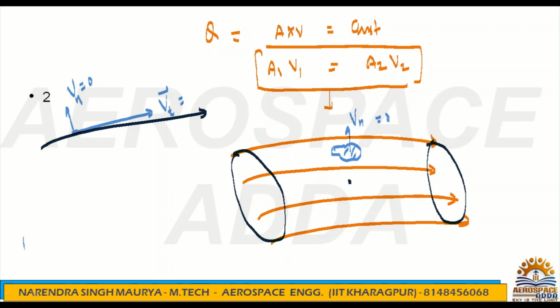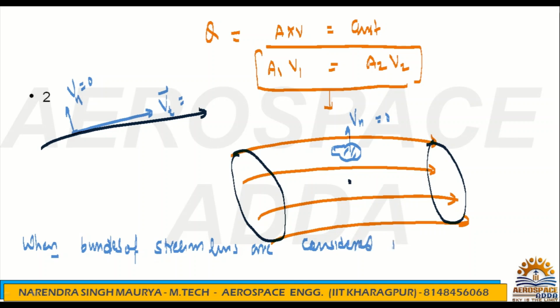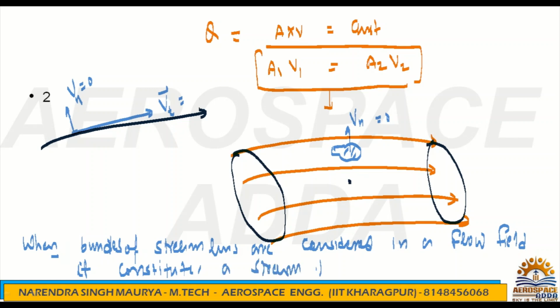I need to write here: when bundles of streamlines are considered in a flow field, it constitutes a stream tube. Okay.